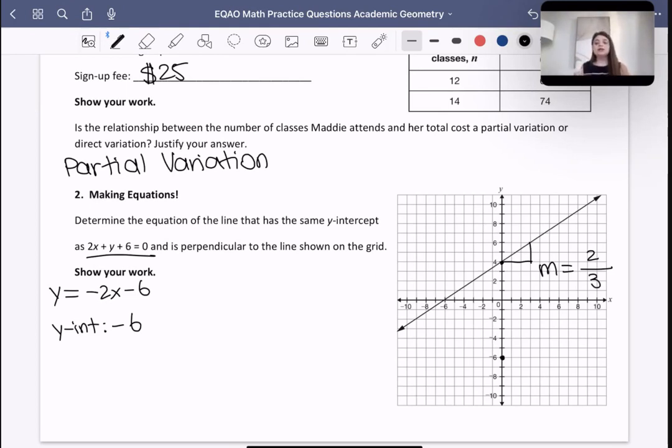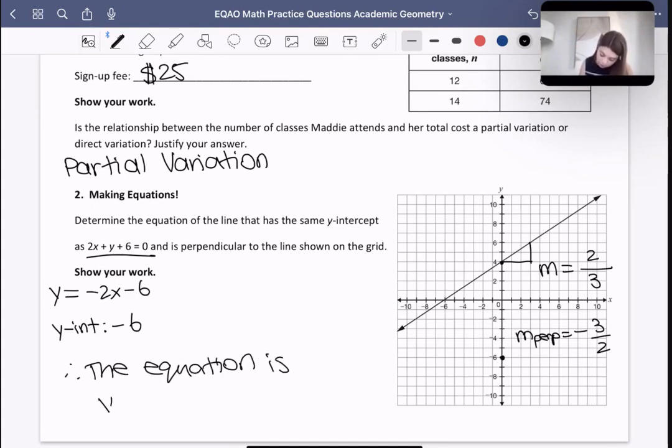So what is the negative reciprocal slope of that, right? The negative reciprocal slope of this. So we'll just say slope of the perpendicular would be negative 3 over 2, right? I took the reciprocal, I switched the 3 and the 2, and I put a negative sign in front. So therefore, the equation is y equals negative 3 over 2x minus 6, right?